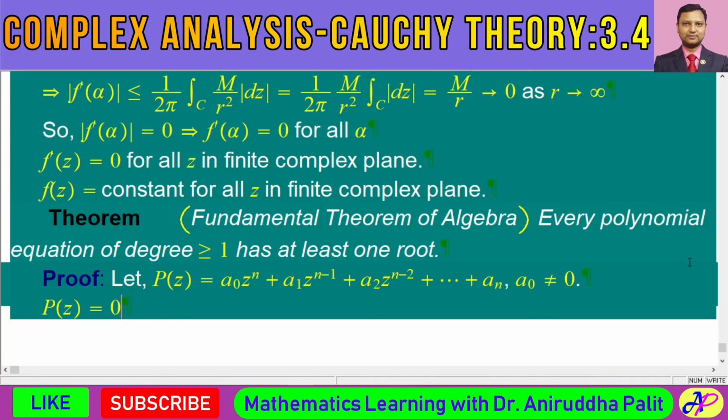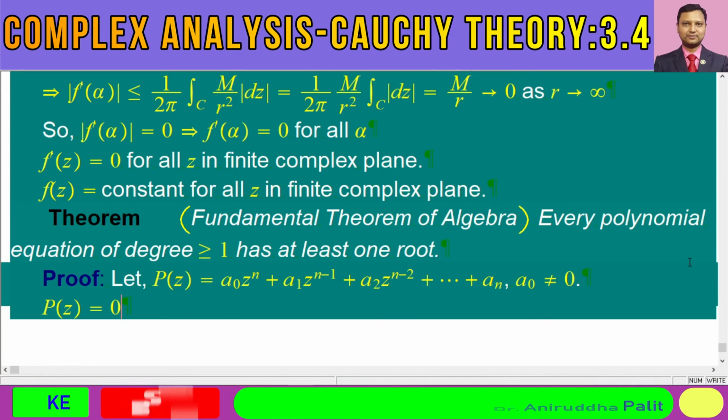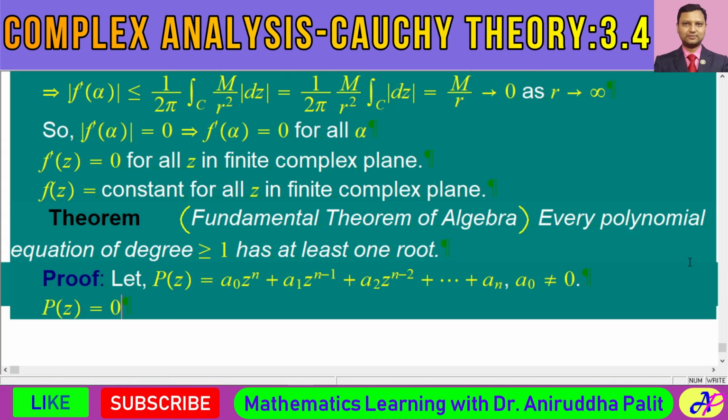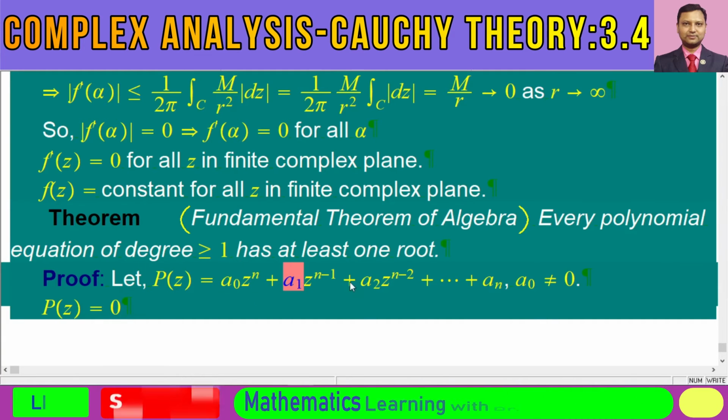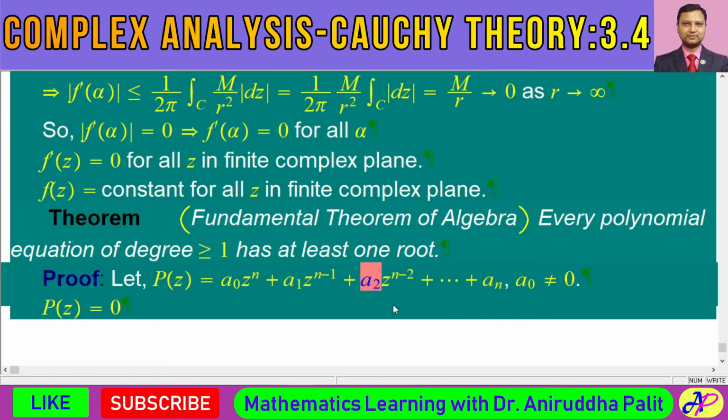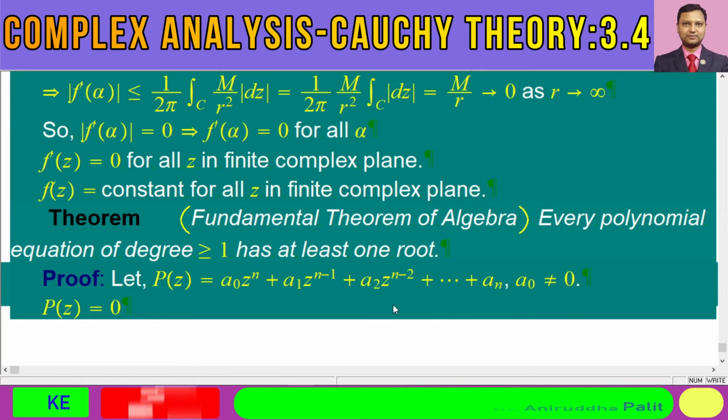Over here, z is a complex number, and these coefficients a0, a1, a2 are also complex numbers, not necessarily real numbers.